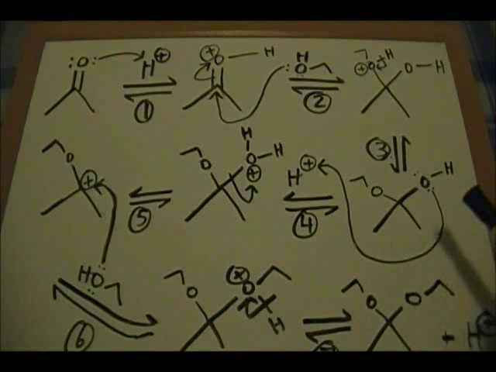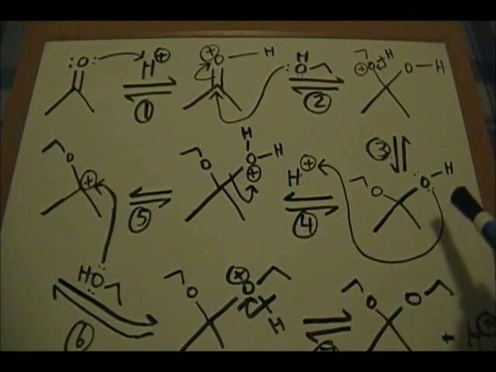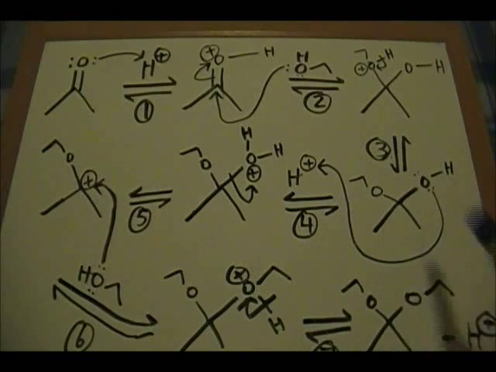Next step, you want to protonate your alcohol over here. The reason why? Because you want to kick off the alcohol to add your second alcohol into the system. Okay? Sounds a little bit confusing, but just bear with me.